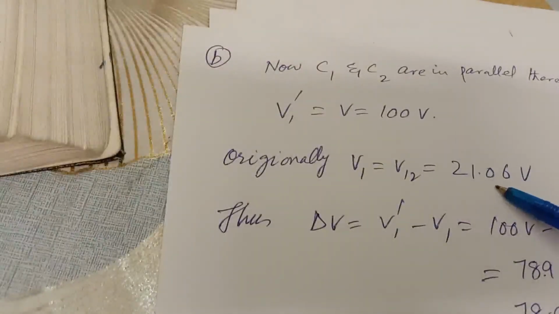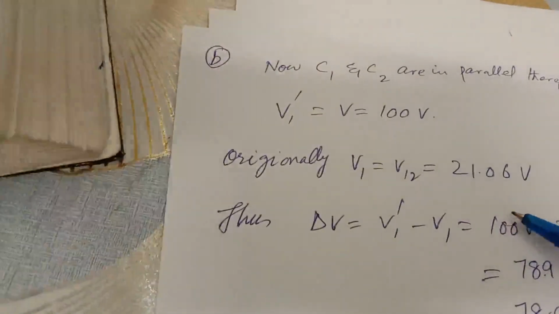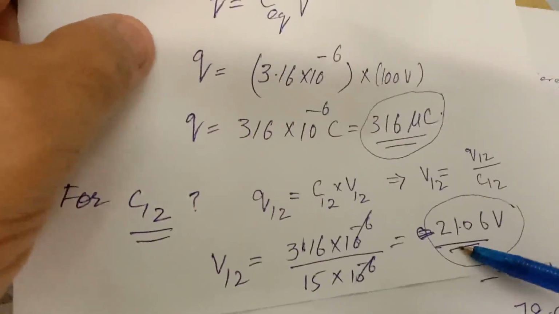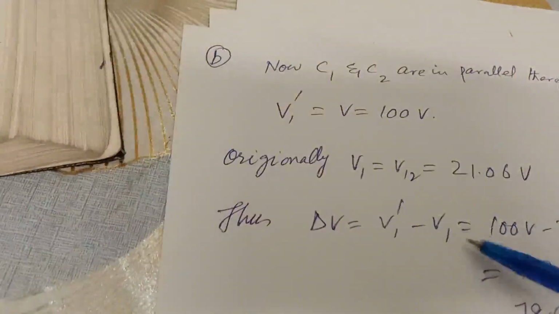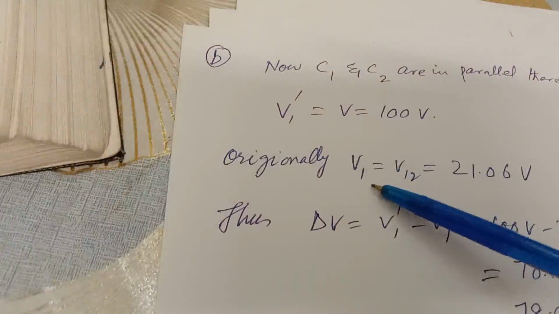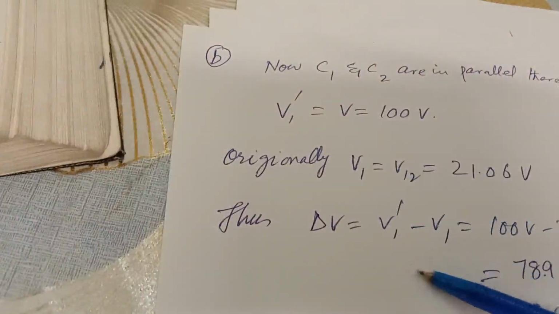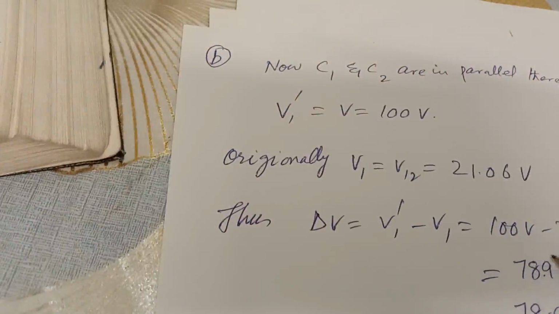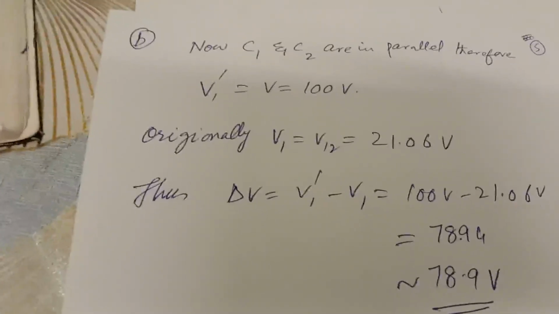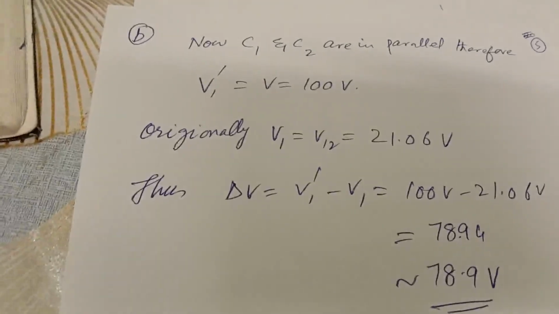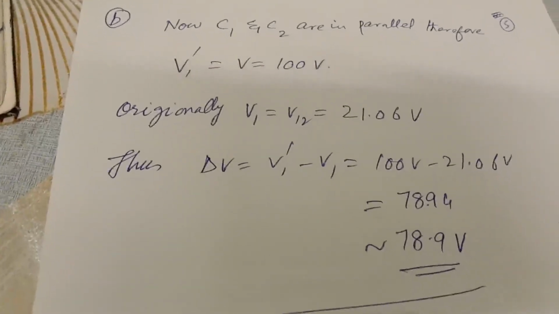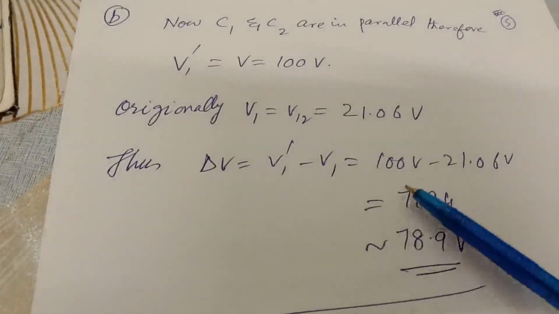Initially, as we calculated V12 when C3 was present, it was 21.06 volt. So the change is V1 dash minus V1, which is 100 volt minus 21.06 volt.